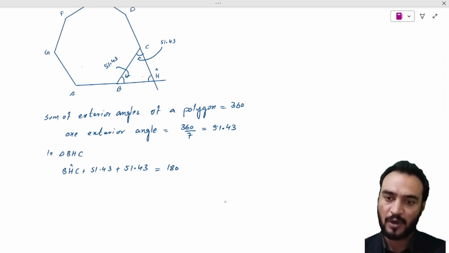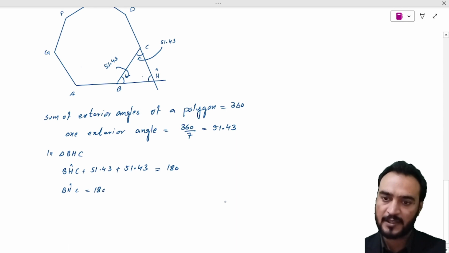We subtract these two angles from 180. BHC is equal to 180 minus 51.43 minus 51.43.